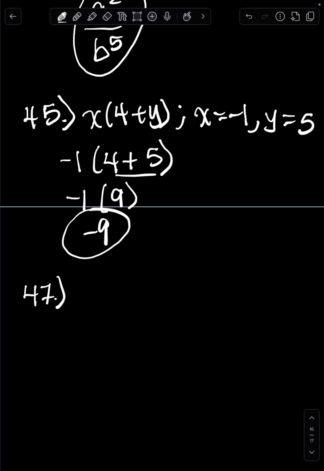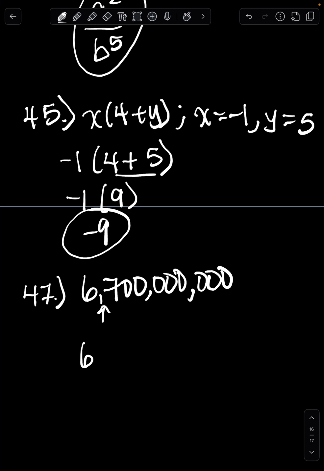Write each number in scientific notation. My word, I gotta copy this down here. I think that's right. So let me see, this is hundreds, thousands, millions. So 6,700,000,000. Okay, so I need the decimal to be here. So 6.7 times 10.